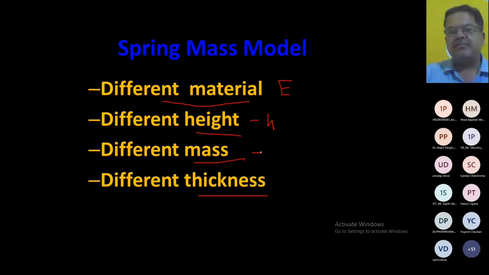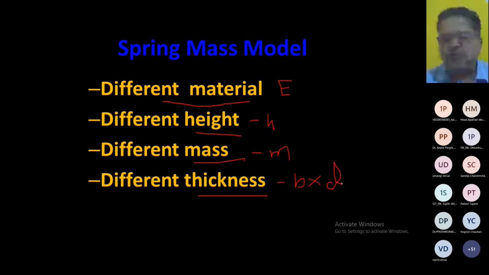Here we are playing with another parameter, that is the mass. And here we are talking about the dimension of the column. It is B cross D, right? So we are changing this direction. So we are playing with these four things, right?